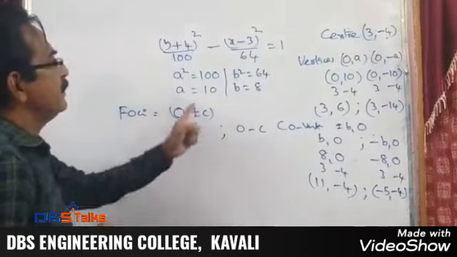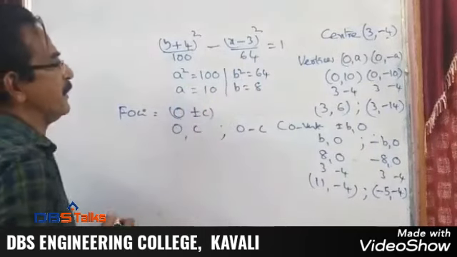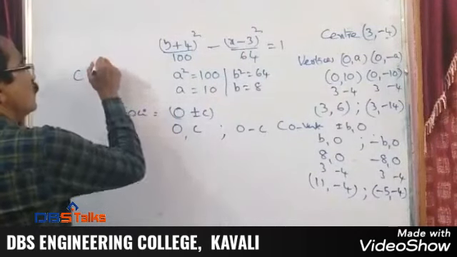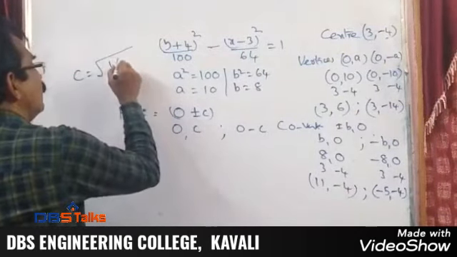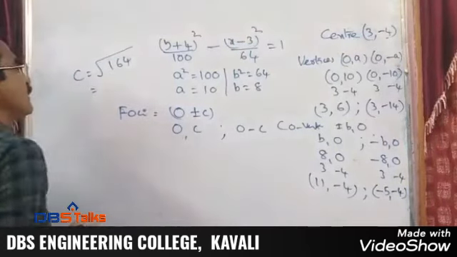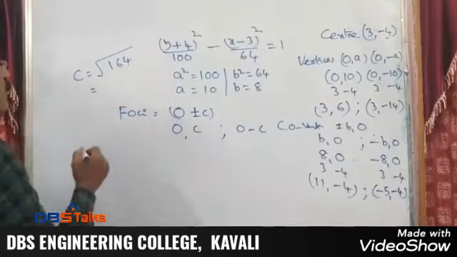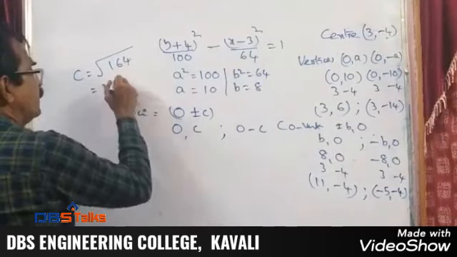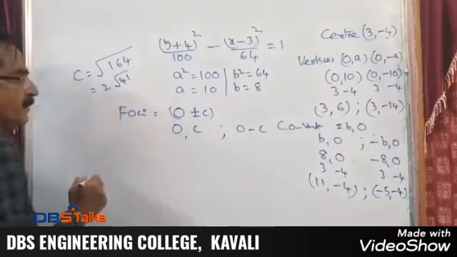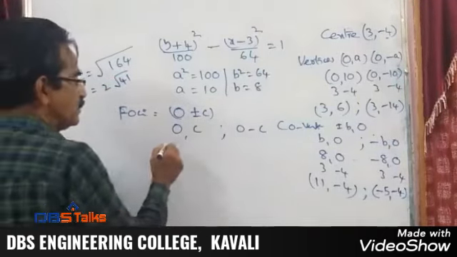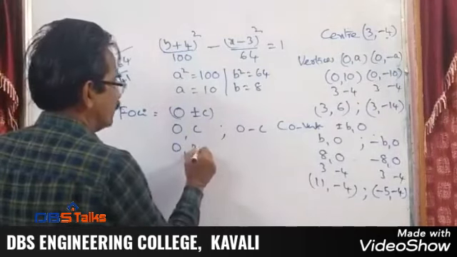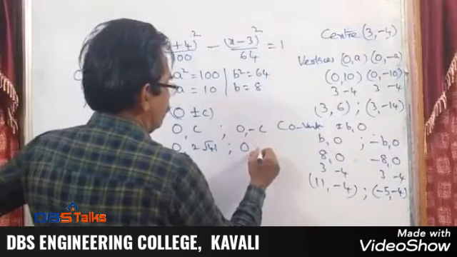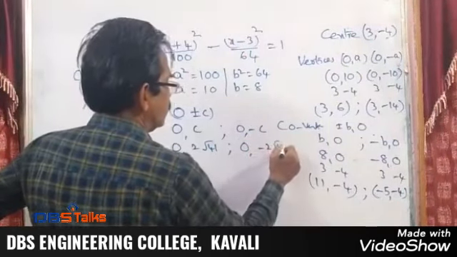C is equal to root of a square plus b square, which is root of 100 plus 64, that is 164. We can take 4 out, that is 2 root 41. So 0 comma 2 root 41 and 0 comma minus 2 root 41.